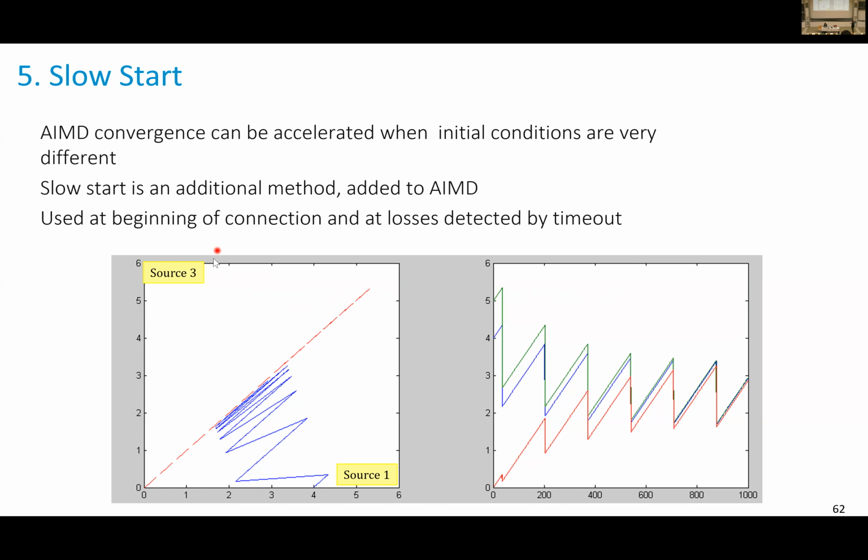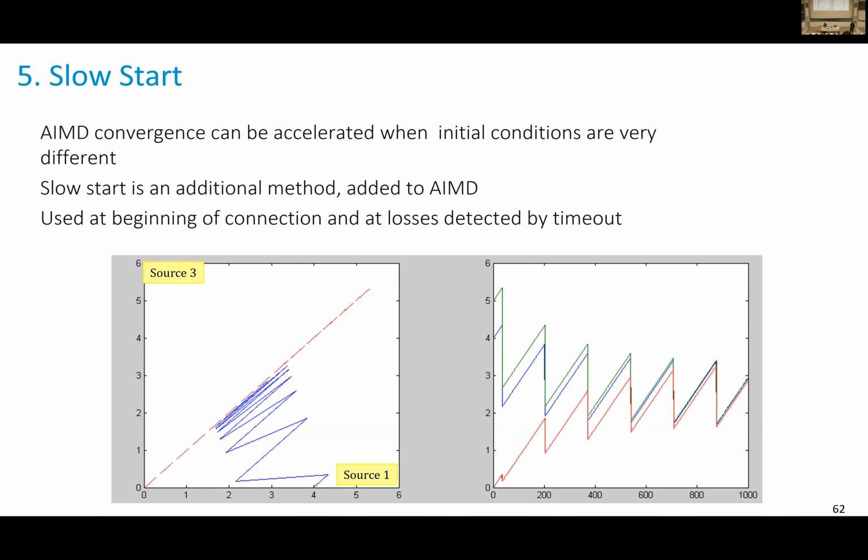The problem is that if we do things on a small time scale, it's not as beautiful as what I've shown before. Here I'm showing the same diagrams as a few minutes ago, with three sources sharing a bottleneck, with additive increase of 1 and multiplicative decrease by a factor of 0.5. By zooming on what happens to two sources, if you remember, we had seen that the three sources converge to the same value with many oscillations, so it looked fine.